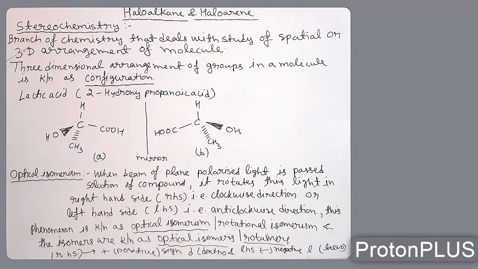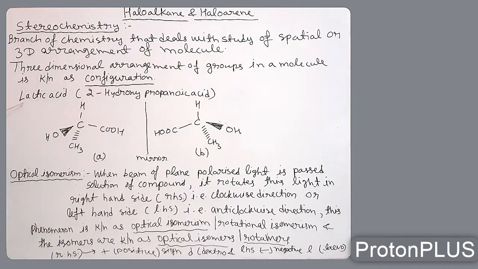It is the branch of chemistry that deals with the study of spatial or three-dimensional arrangement of a molecule. When we say three-dimensional arrangement, it means configuration. How the groups attached in a molecule are arranged in three dimensions is known as configuration.